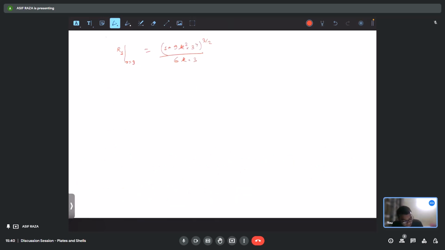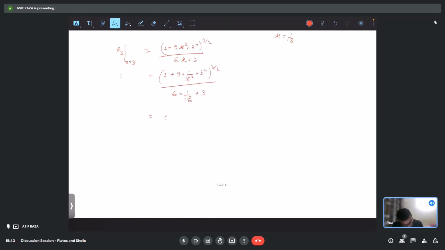Okay, and we have k equal to 1 upon 18, so this would be (1 plus 9 times (1 upon 18) square times 3 to the power 4) to the power 3 by 2, divided by 6 times 1 upon 18 into 3.